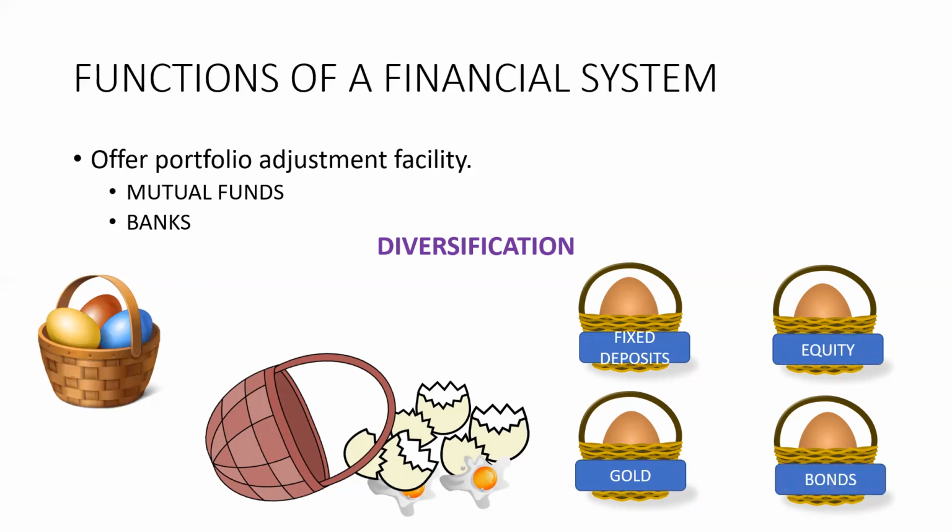While we may lose in some, we will gain from some, and most of the time, the gains will cover the losses. A portfolio adjustment facility provides a quick, cheap, and reliable way of buying and selling a wide variety of financial assets. This can be made possible through mutual funds.